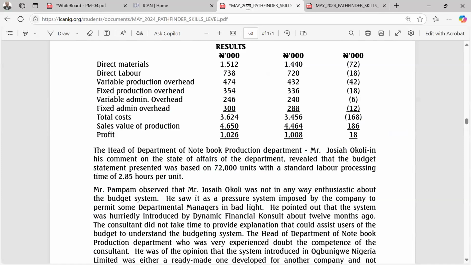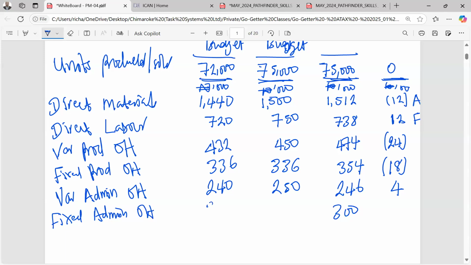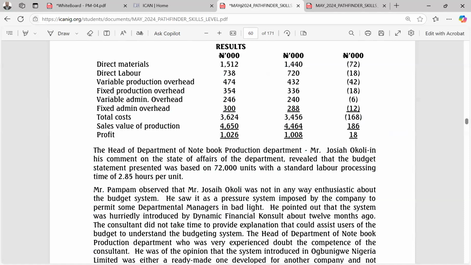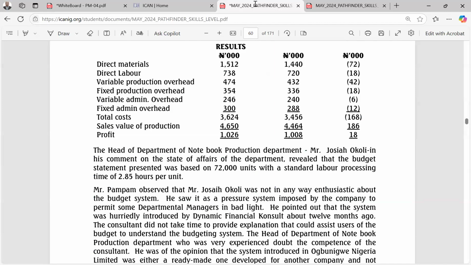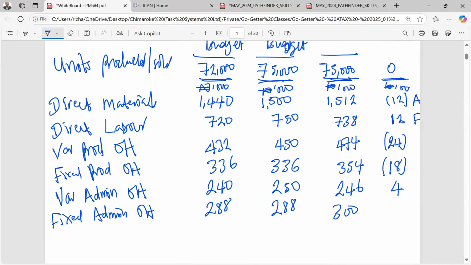We are given 288 as original budget. What will it be here? Now this is fixed. So whether the budget is 72,000 or 75,000, it will become 288. So what's the difference? 288 minus 300 is minus 12. It's already been done for us.